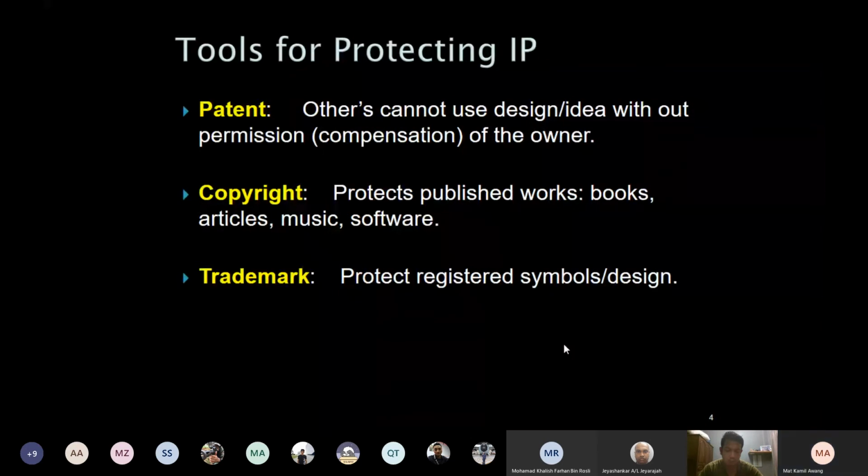A patent means that others cannot use a design or idea without the permission of the owner. So you file a patent to claim that this novel design, this novel invention is yours. Therefore, other people cannot use this invention for their own purpose without getting permission from you.